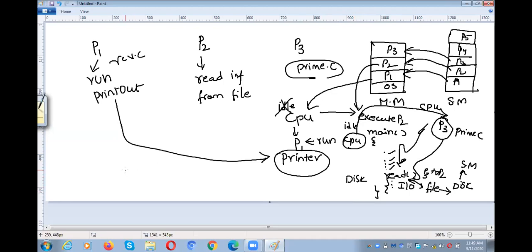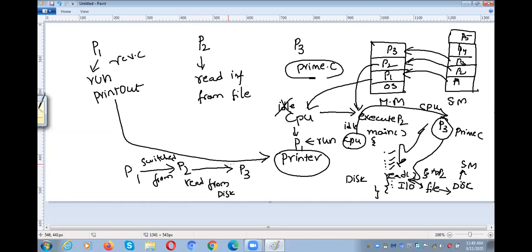Okay? That means initially CPU is allocated to P1. Now P1 is busy with the printer, so CPU is switched from P1 to P2. In P2, we need to read the information from a disk file, so that is the reason why we need to switch the CPU from P2 to P3.